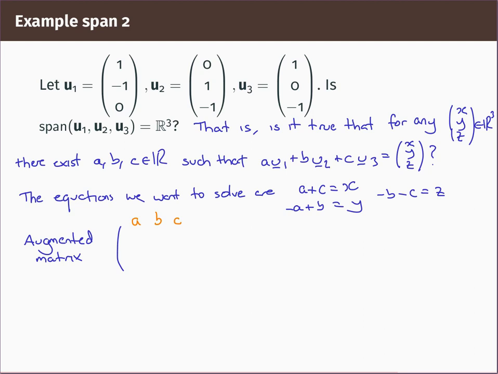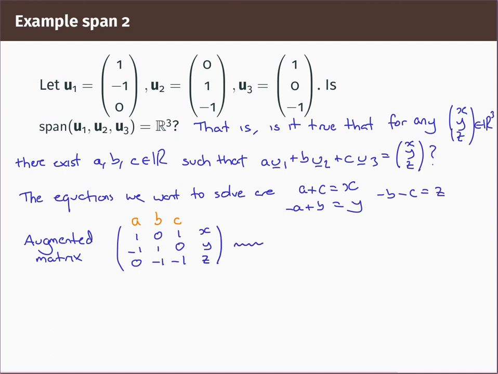And the coefficients are, as I've written down at the top there. So we have 1, 0, 1, minus 1, 1, 0, and 0, minus 1, minus 1. And the final column is the constant terms on the right-hand side of our linear equations, x, y, and z.